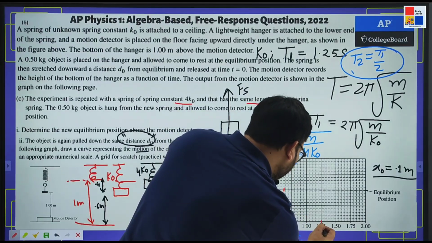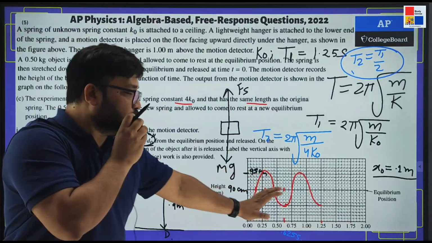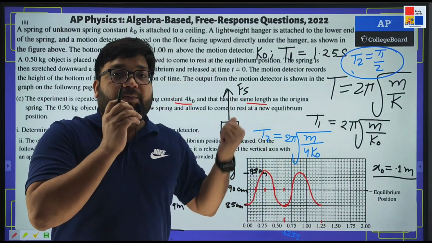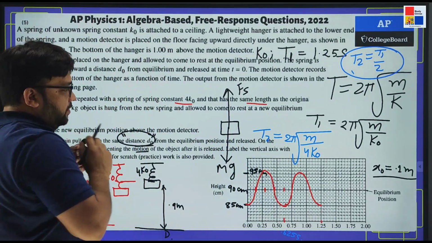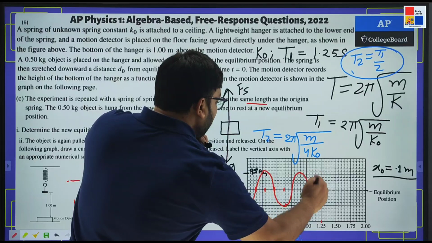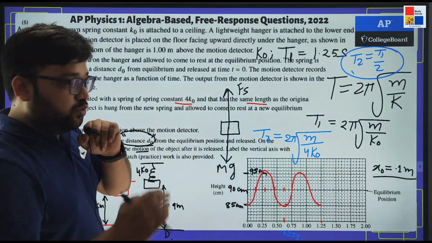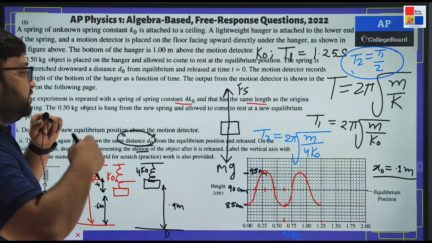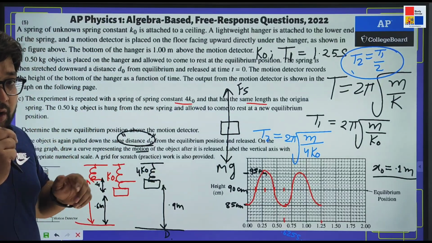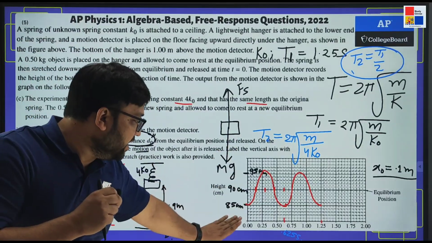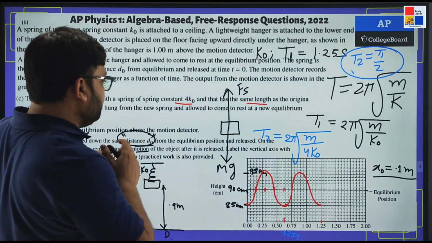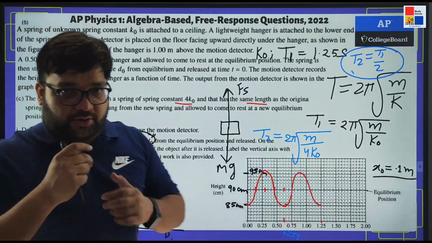So two cycles will be completed until this point. The amplitude is still 5 centimeters, but the time period has been halved. In the time interval of 0 to 1.25 seconds, it completes two cycles now. That is what the time period is. So this is the new graph we can make. The vertical axis is the height from the detector, and on the x-axis we have the time. So this pretty much answers the question. Okay, thank you.